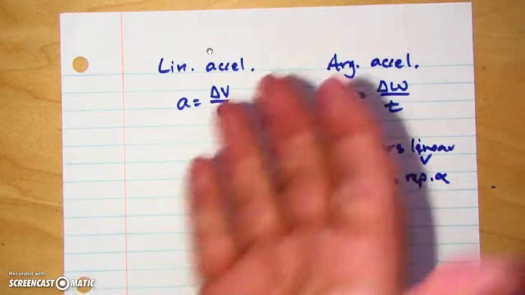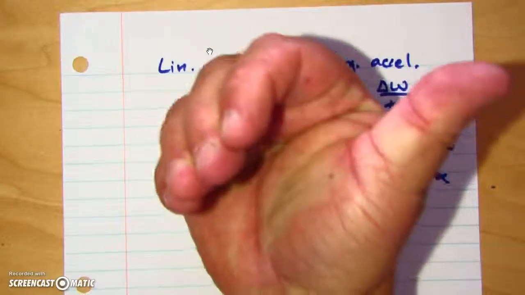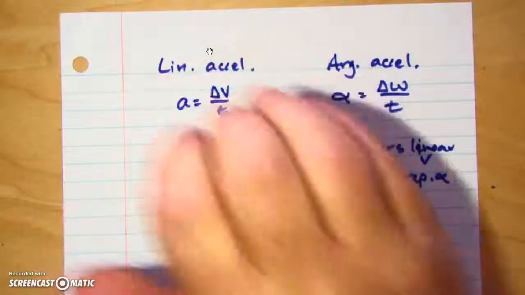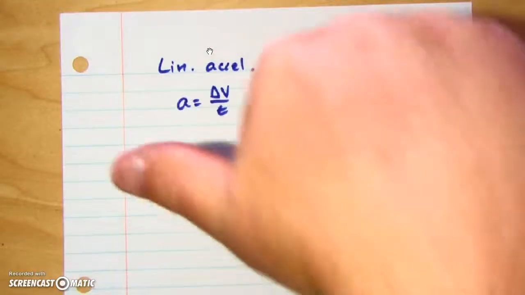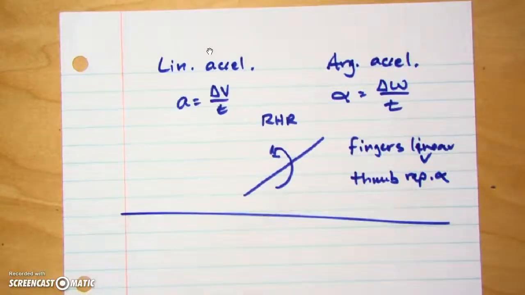So if I go like this, my fingers are wrapping up out of the page, my thumb is pointing to the right. So I figure out which way it's curving. If it curves into the page, my thumb would go the other way. So that's one right-hand rule. There are other ones you will see.